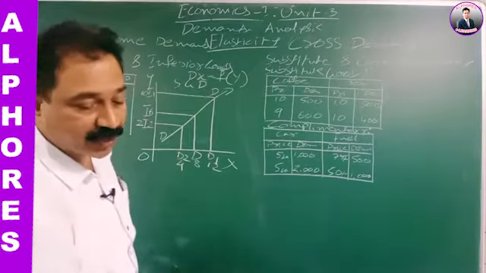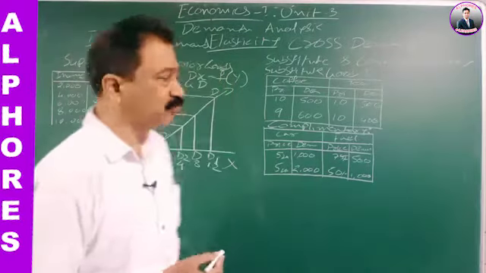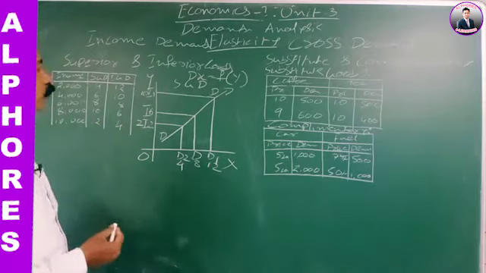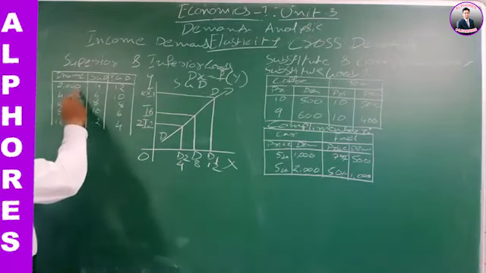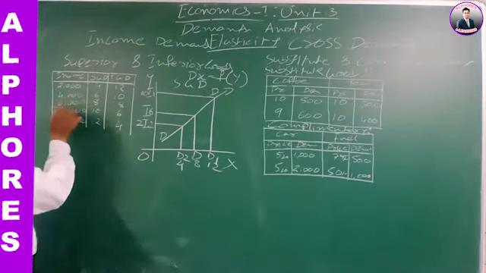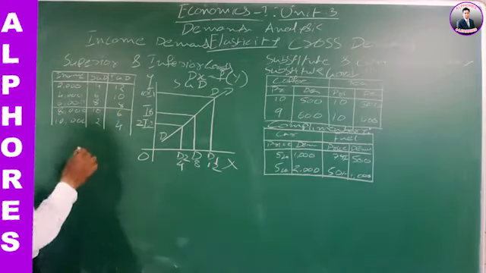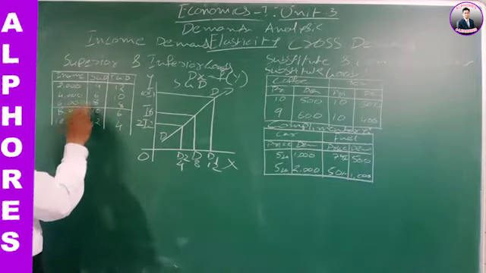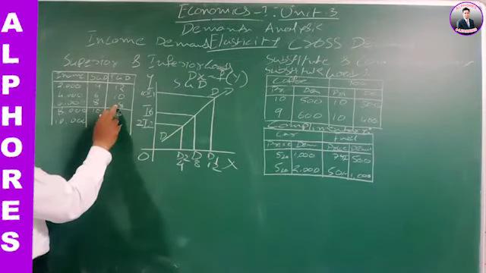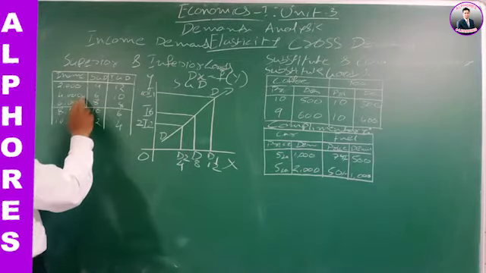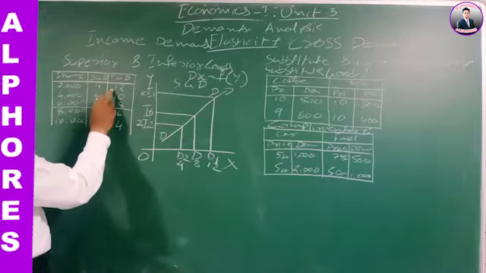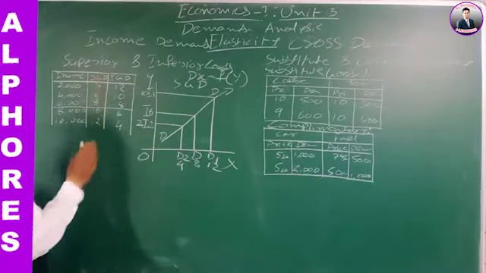Now let us go to the inferior goods. What happens with the inferior goods? See, let us say from here itself to understand easily. When income of the consumer is 6,000, demand for inferior goods is 8. If his income decreases, the demand for inferior goods increases.